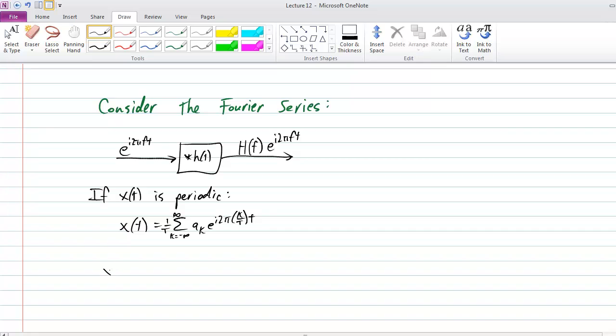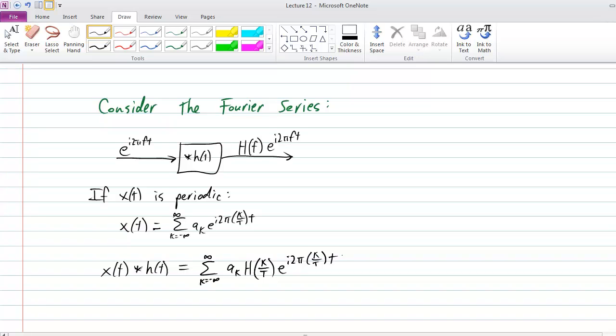Oh, there's no 1 over t here, sorry. It's the inverse that I'm writing. And that meant that the output, x of t convolved with h of t, was going to equal, applying it to each term in the sum, the sum from k equals negative infinity to infinity of a k times h of the particular frequency, which happened to be k over t, times e to the i 2 pi k over t.